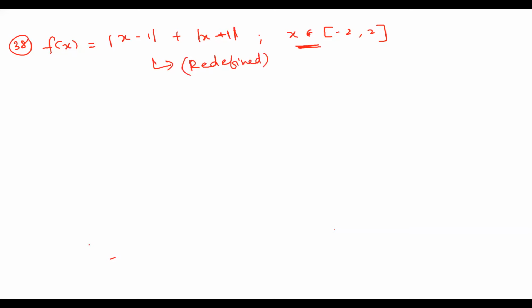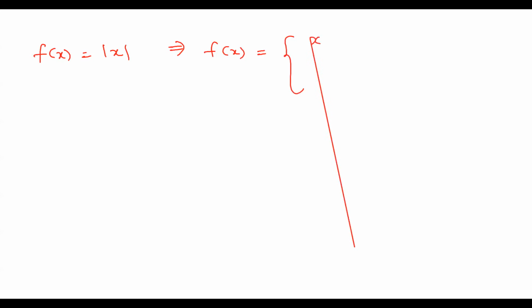So what is the meaning of this? I'll tell you what is the meaning of redefinition. For that, I need to explain what is the modulus function. If I take f of x is equal to mod x, I can redefine this function as f of x is equal to, you'll open a bracket like this, you will write it as x when x is greater than or equal to 0.